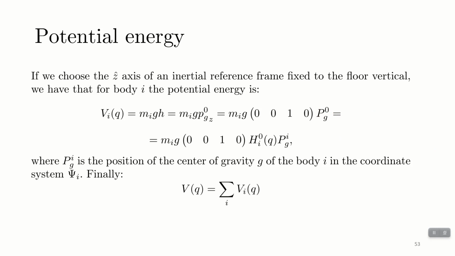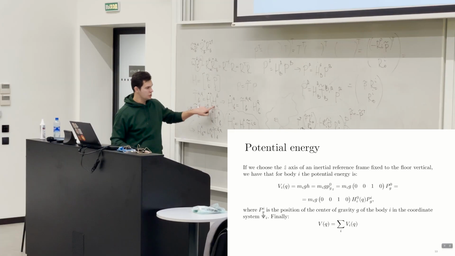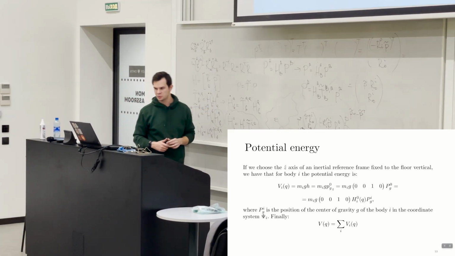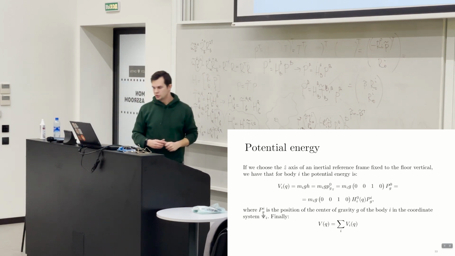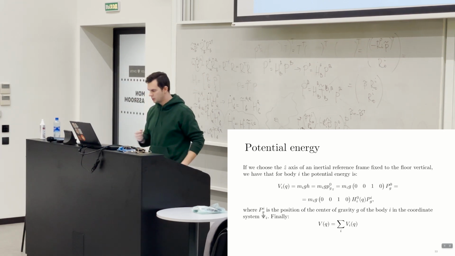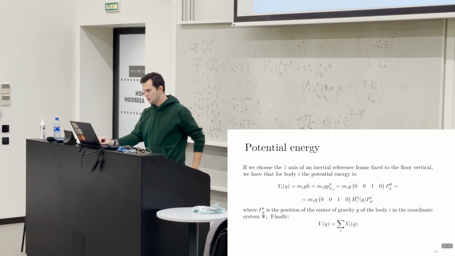As for the potential energy, it is pretty much the same, mgh, but h can now be computed out of the homogeneous transformation matrix from here. You just need to grab the proper component out of there, and the potential energy is just the sum of the potential energy of each link.